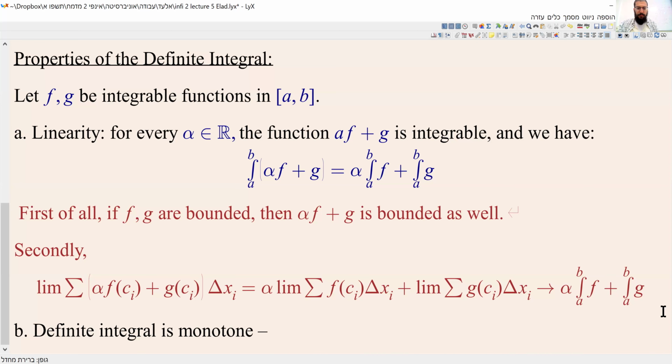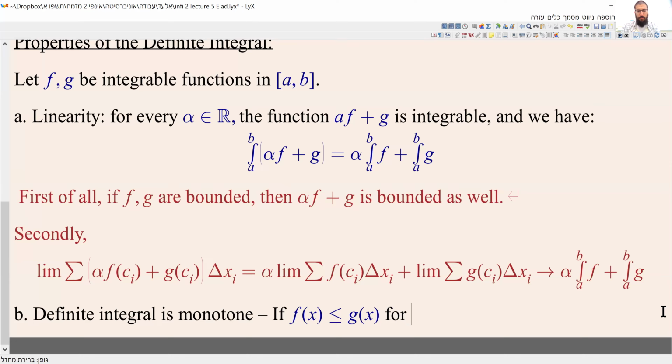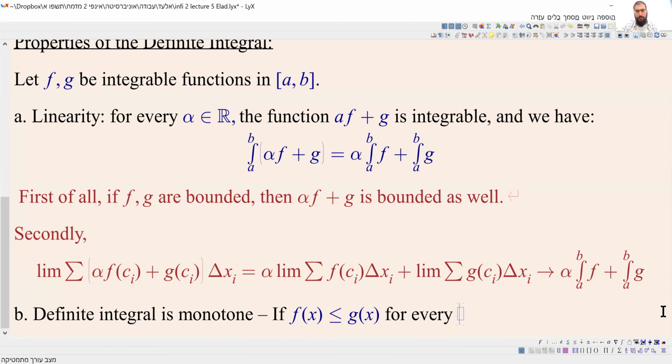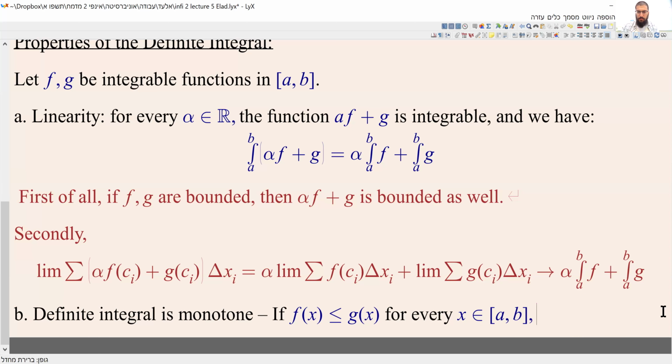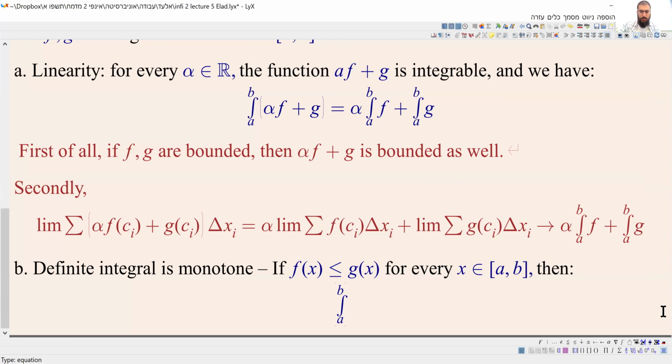If f(x) is smaller than g(x) for every x in our segment, then the integral of f is smaller than the integral of g.